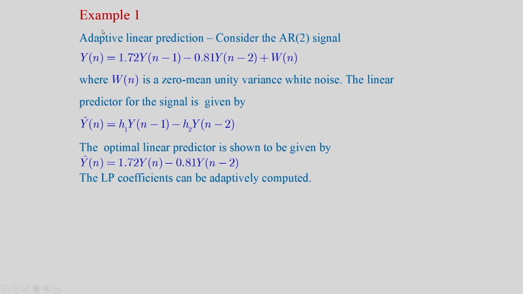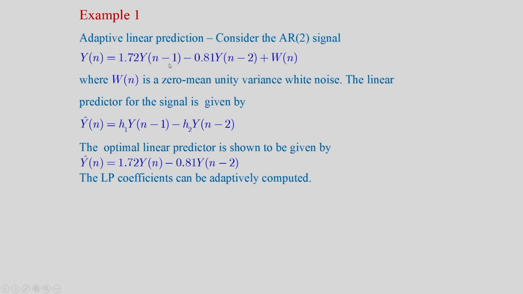Let us consider one example: adaptive linear prediction. Consider the AR2 signal, y n equal to 1.72 y n minus 1 minus 0.81 y n minus 2 plus w n, where w n is a zero mean, unity variance white noise process.